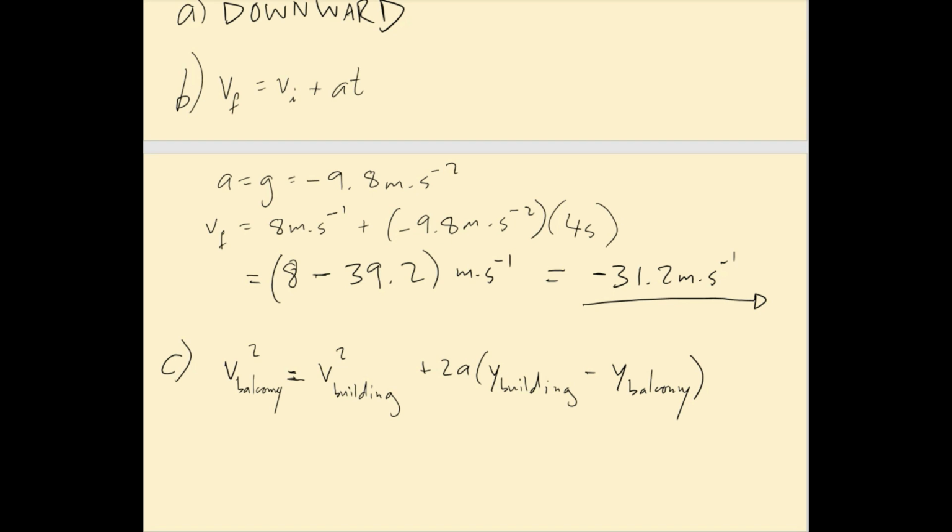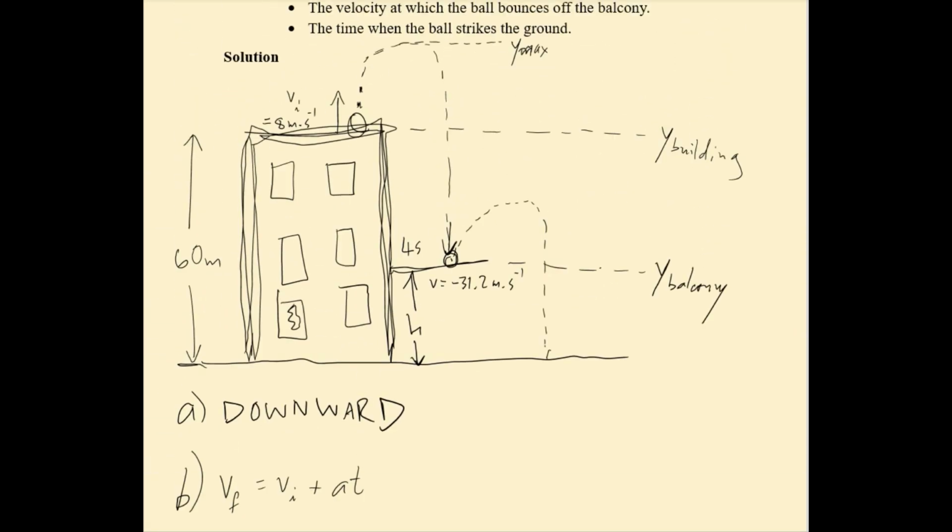So basically what we're saying here is, what is the velocity from the top of the building all the way to the top of the balcony. This is the distance that matters, and the acceleration, of course, is due to gravity.